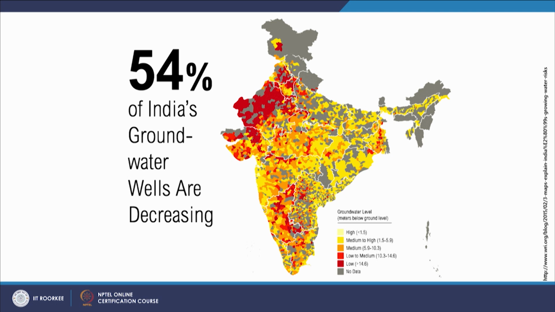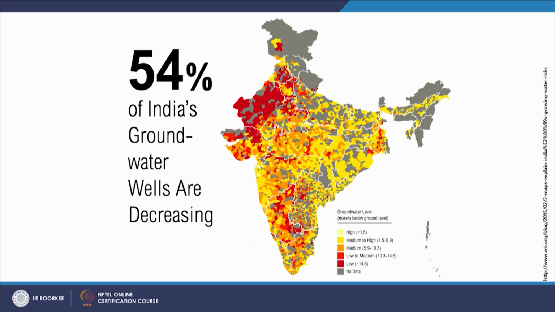Very recently, I read news that in Telangana, over the past few years, they have made a lot of efforts to recharge the groundwater regime, and therefore the water table has risen by 2 meters at some places, which is a very significant recharge and a very good development.